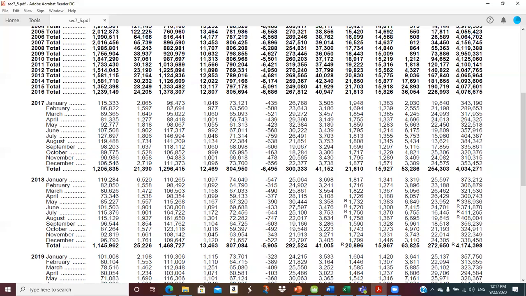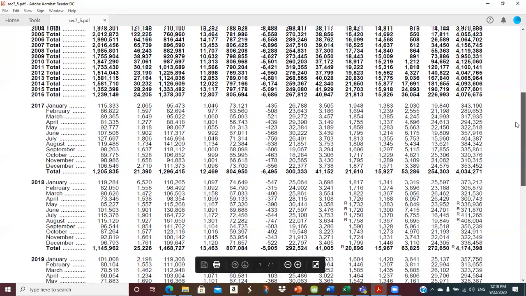The natural gas in 18 is up to almost 1.4 million, and the coal's down. And that's fracking. Fracking has made natural gas cheap, and for new generating assets, natural gas is the go-to fuel, unless they're going to invest in renewables. It is kind of interesting.